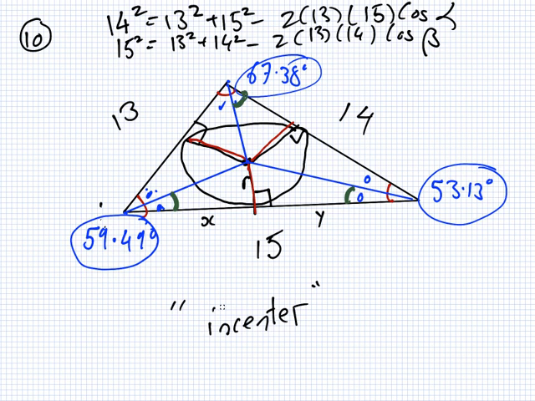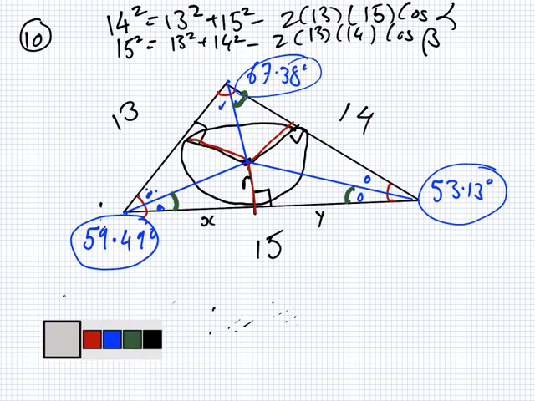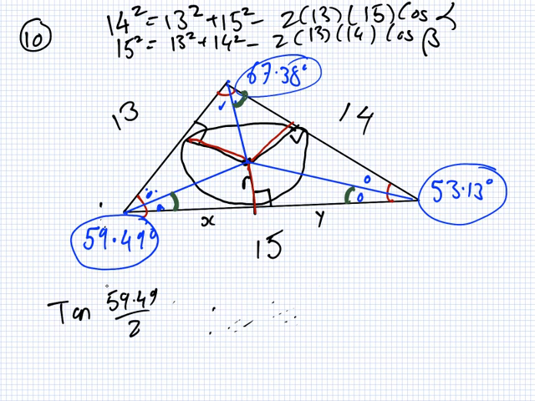I don't know if this way will work. Let me try. Tan 59.49 over 2 equals 2 over X. No, I don't like it. I don't like this way. Hold on, you should be helping me. We learn when the questions are difficult because we have to think hard about it.